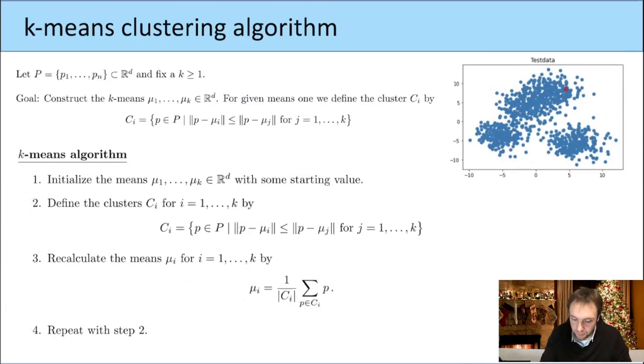Then we have new points, and for each point, we can collect the cluster. Then we can calculate a new mean and do it again and again. So this is a really simple algorithm. But at the beginning, to initialize these values mu, there are also different ways to do this.